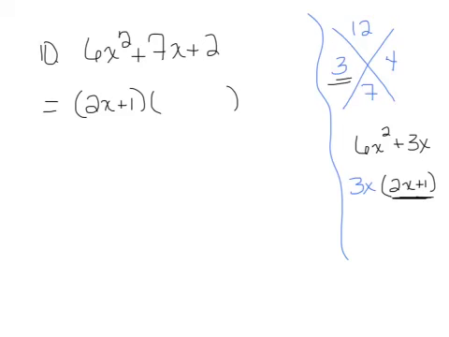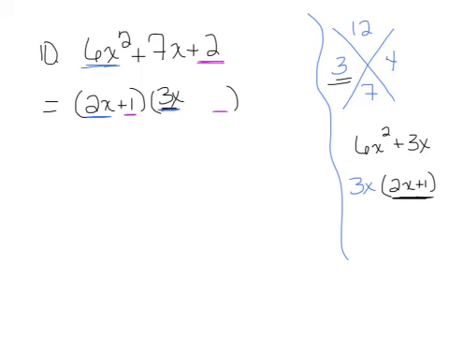And I've got to figure out what goes in my first spot. Well, if I need to get a 6x squared, what do I have to multiply 2x by? I have to multiply by a 3x. And in my last spot, I have a 2, so I have to multiply the lasts together to get a 2.